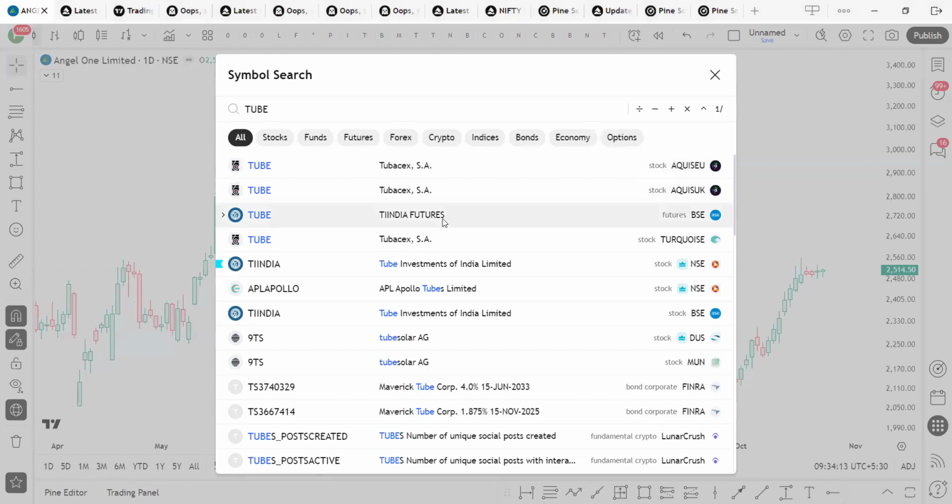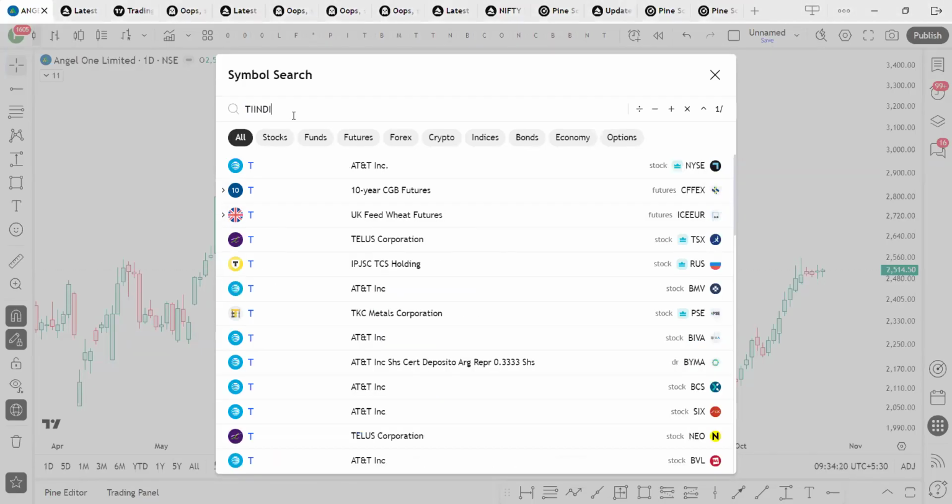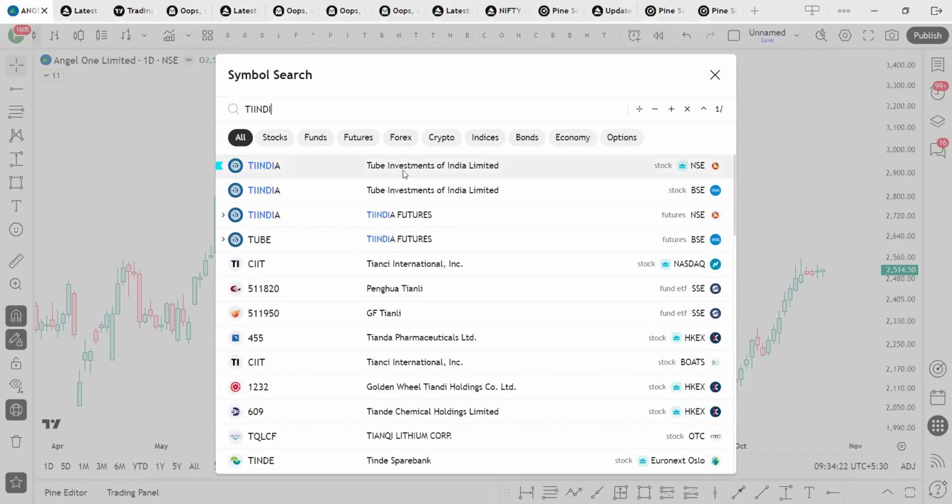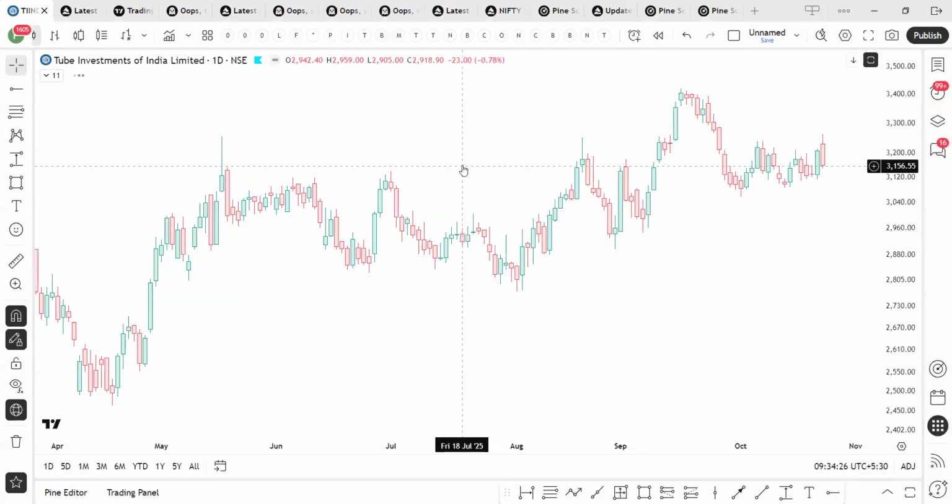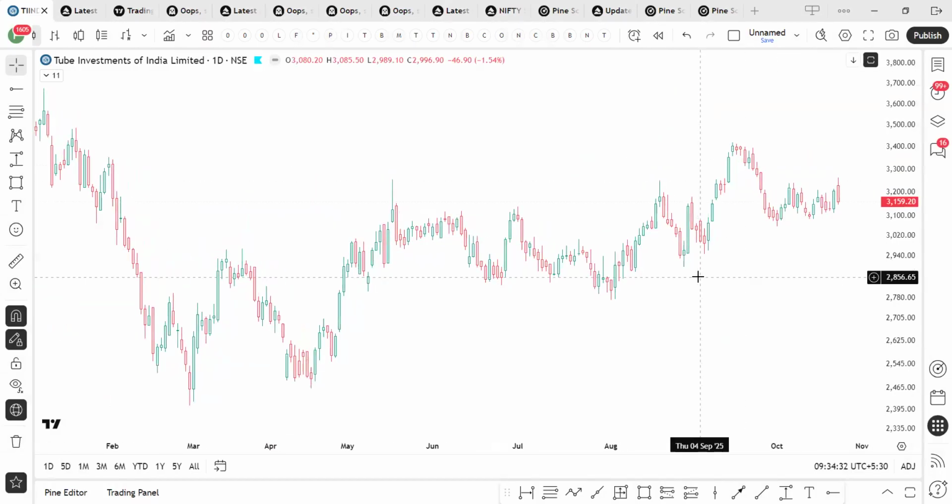Is this TI India, Tube Investments of India Limited? Is it this stock? Yes, okay.